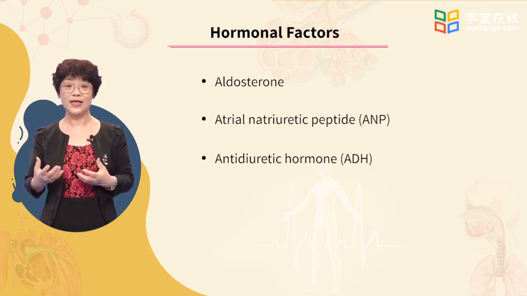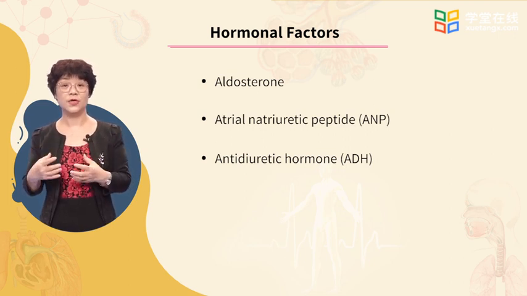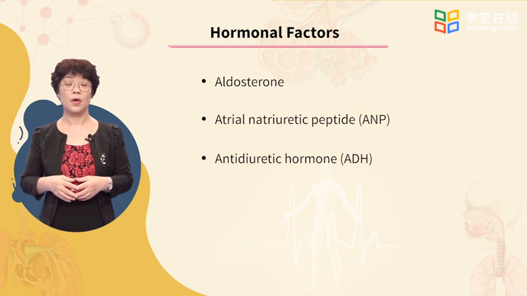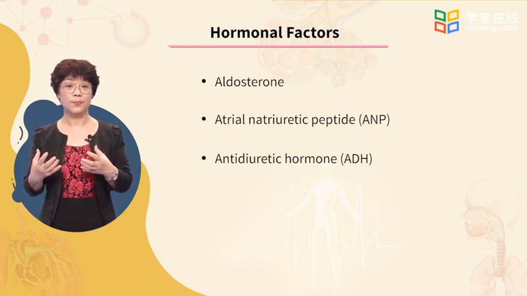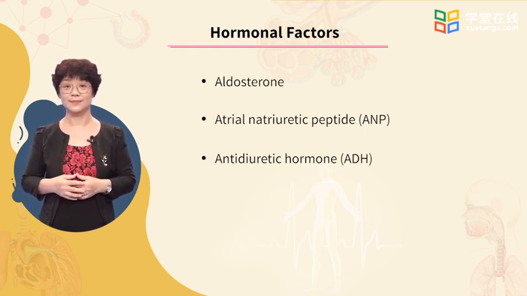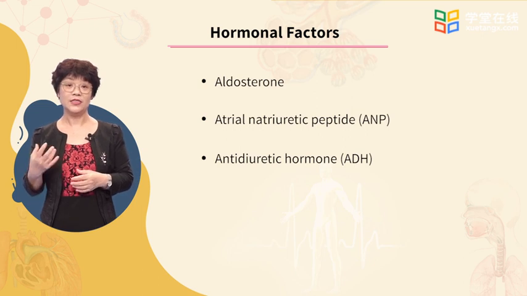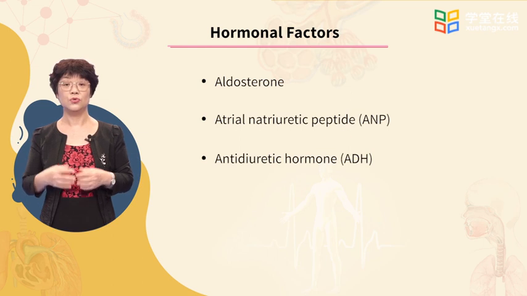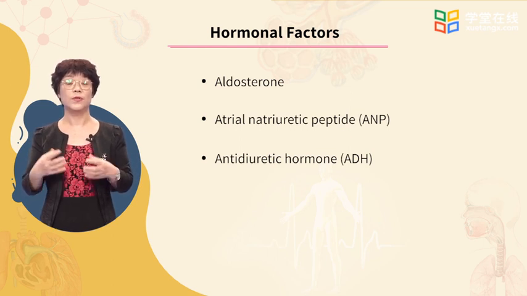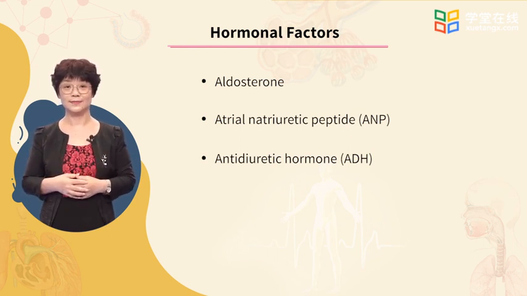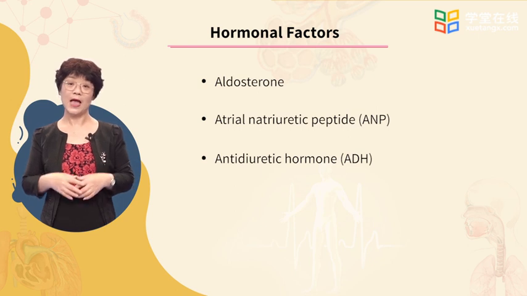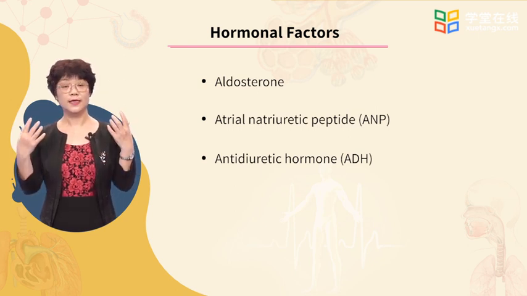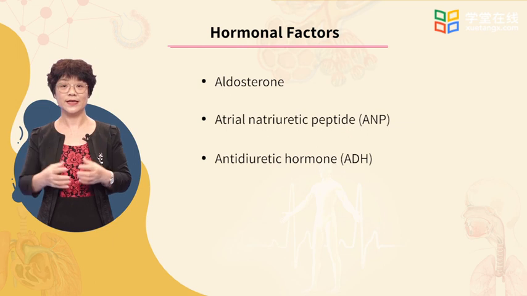ADH is released from the posterior pituitary gland when the amount of water in the body decreases. ADH stimulates the distal tubules and collecting ducts to reabsorb water from the renal filtrate. How about when we take in excessive quantities of fluid?